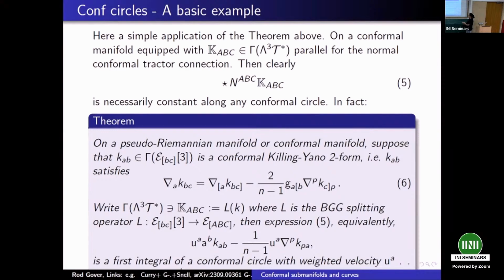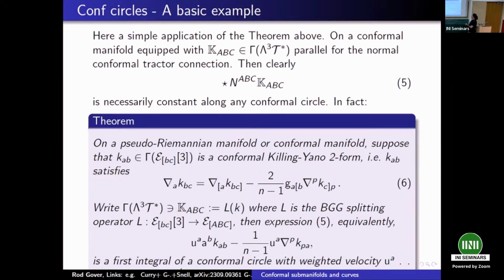That says that the derivative of this rank 2 tensor consists of a part that's completely skew and a part that is trace, and that's all. So some of the irreducible parts are missing. That's the Killing-Yano equation. It's an overdetermined PDE.